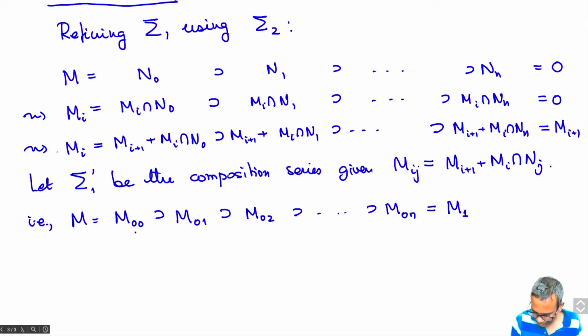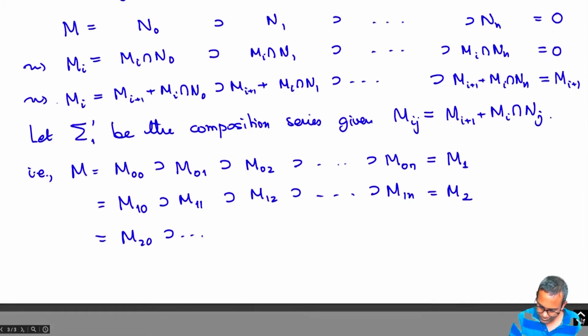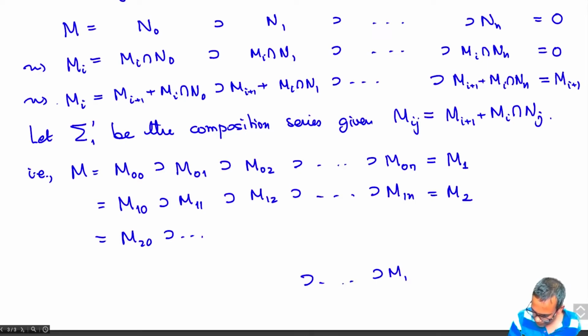Okay, and so again we go on now to the next terms, which is M1, still equal to M10, which contains M11, which contains M12, and so on, which goes down to M1n, which is now equal to M2, and this is equal to M20, and so on. And finally we'll end up all the way down to Mm, which is 0. So this sigma 1 prime is this composition series given by this, and we have two indices.